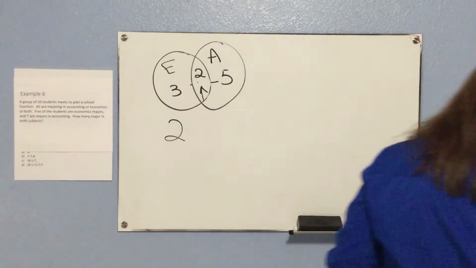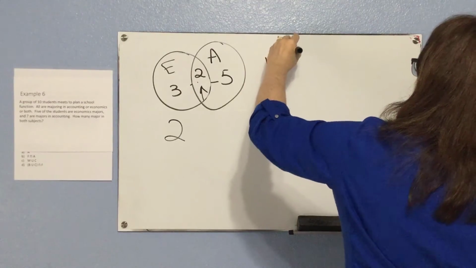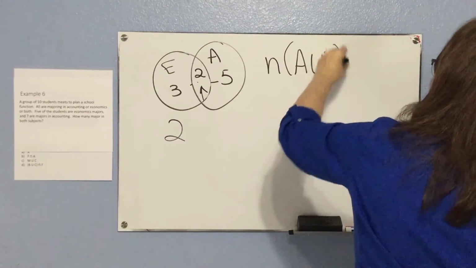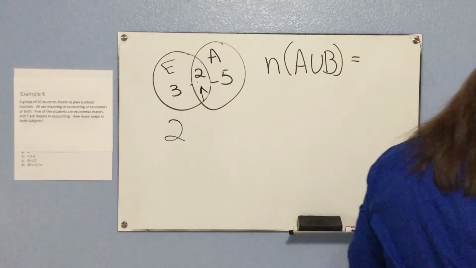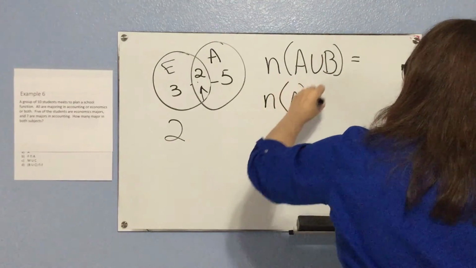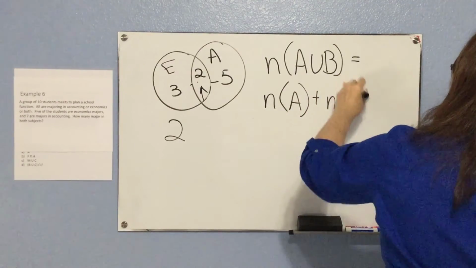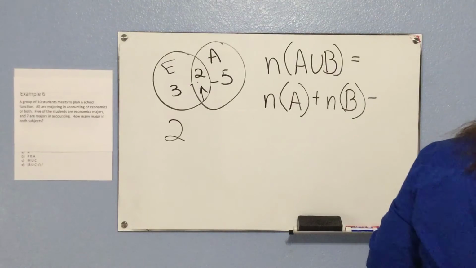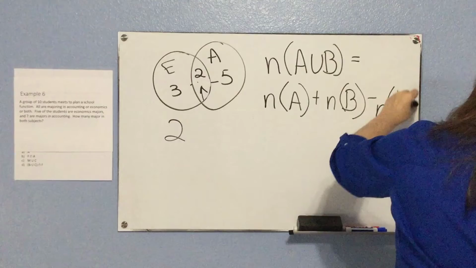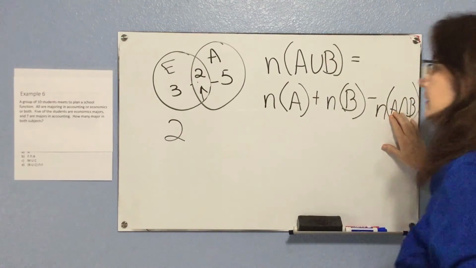It's called the counting rule. And we say the number of elements in A union B is equal to the number of elements in A plus the number of elements in B minus the number of elements in A intersect B. Why do we have to subtract this?